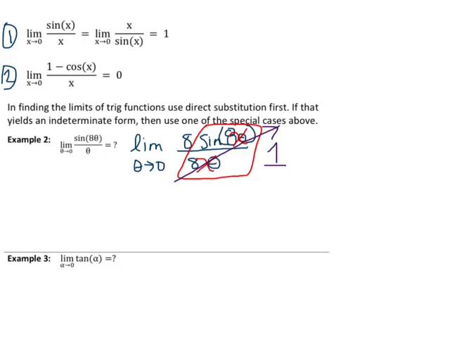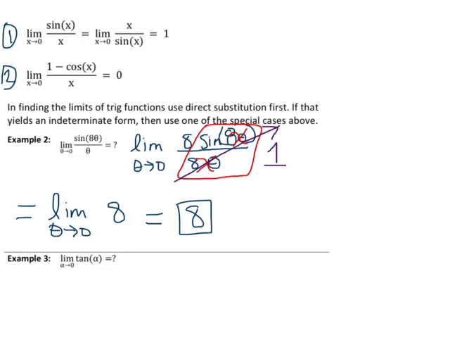Now you might recall from a previous theorem that the limit of a constant is simply a constant. Well, 8 times 1 is 8, and that's a constant. So I have then the limit as theta approaches 0 of 8. Well, once again, since it's a constant, it simply equals 8. So there's our answer there. Notice the substitution that was involved and the fact that we multiplied by a factor of 1 to manipulate this.